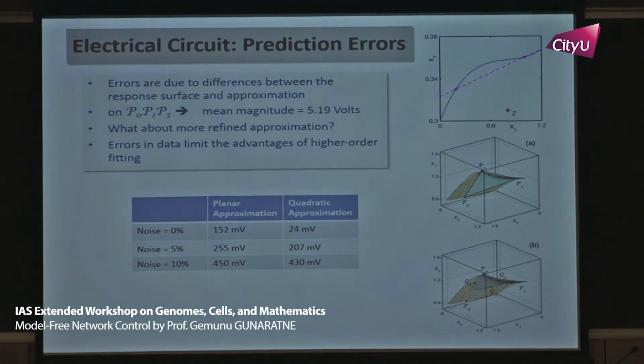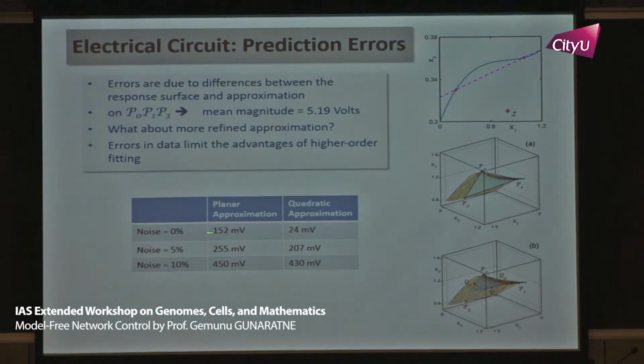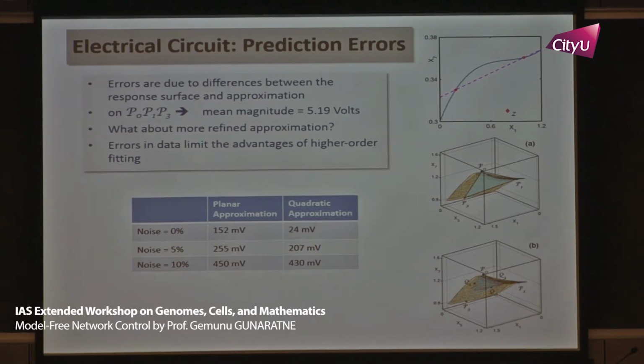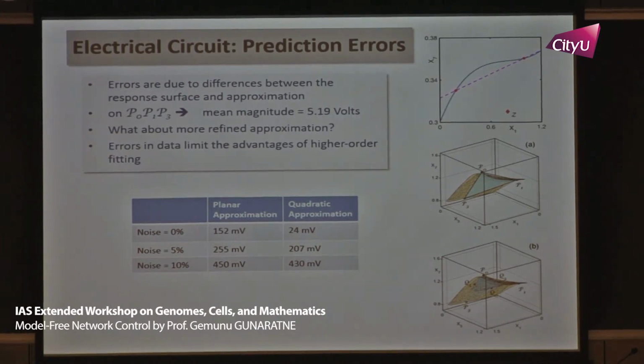Without noise, the corrections with the planar approximation in these regions are 152 millivolts compared with 5 volts. And if you do the quadratic approximation, it's a factor of 6 better in this case. However, if you add 5% noise to the data, the planar and the quadratic approximation are pretty close. And if you have 10% noise, the correction doesn't make sense.